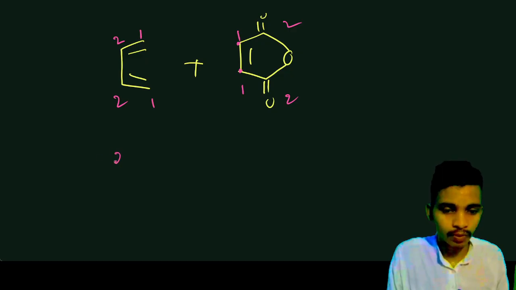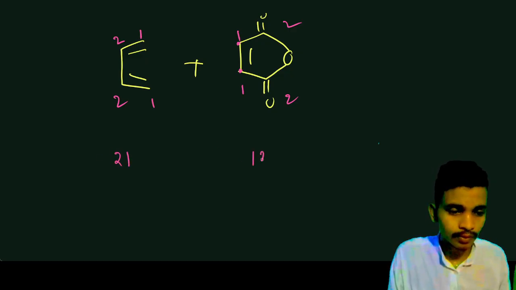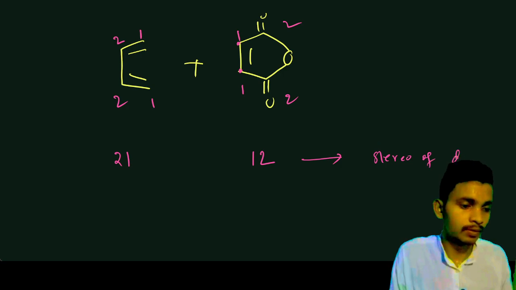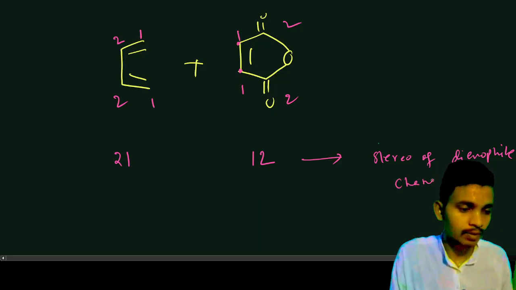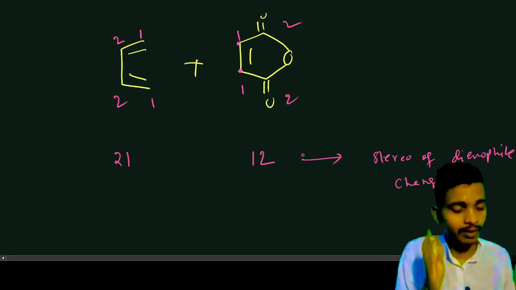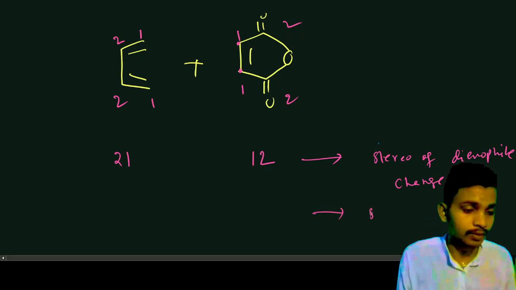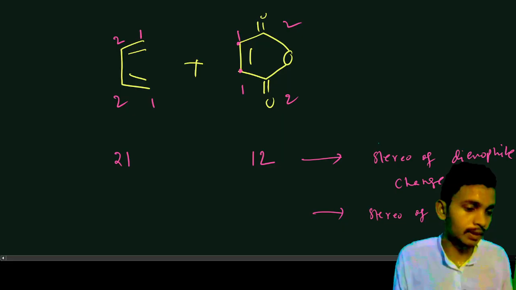So this is 2-1 and this is 1-2. Here only the stereo of the dienophile will change. For the diene, the stereo does not change.